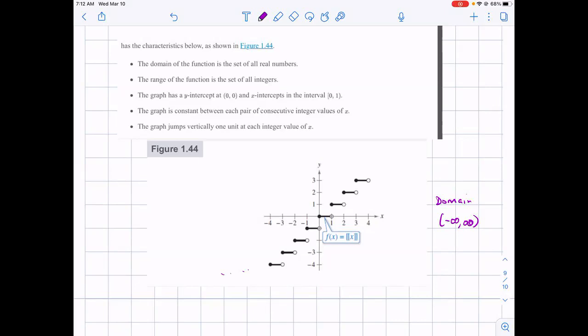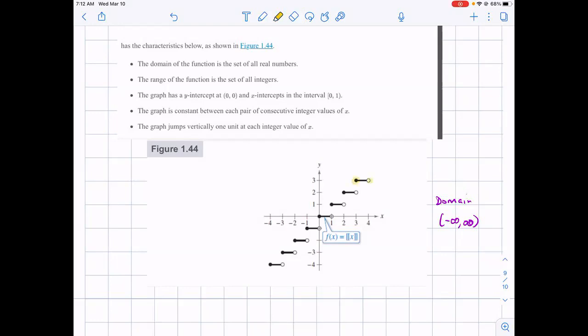Now, why is this important? Well, the greatest integer function, and especially if you're a computer science major, sometimes you will hear of something called the floor function and the ceiling function. For the ceiling function, the open circles here just show on the other side.